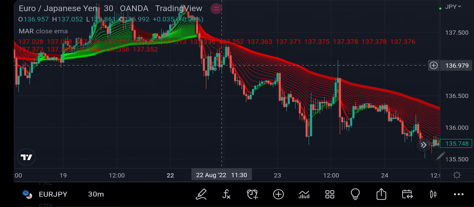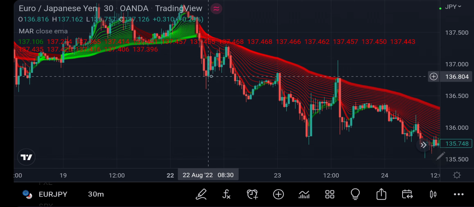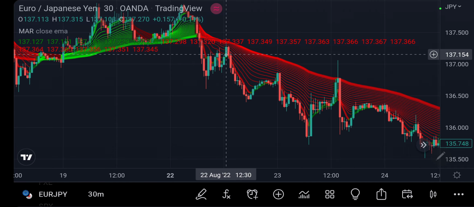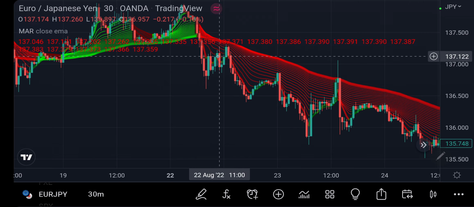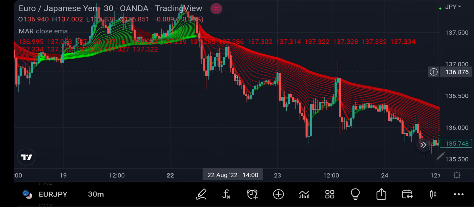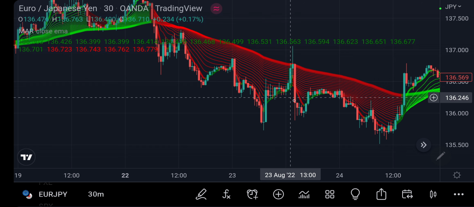As you can see, the market keeps going down here, but it's a pullback in the bullish momentum. The ribbon is all red colors, so that means you still don't have a signal to take the trade by direction. So what you have to do is just stick with the ribbons.